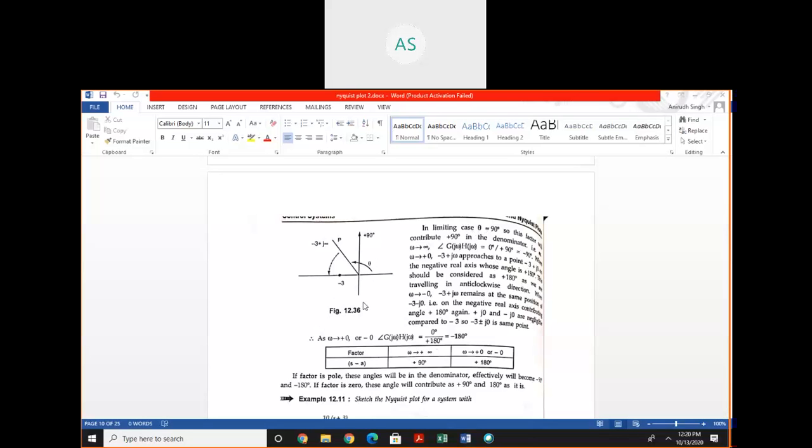So this factor s minus 1 will contribute plus 90 degree in the denominator. As omega approaches infinity, the angle of G(j omega)H(j omega) is minus 90 degree, plus 90 degree in the denominator.